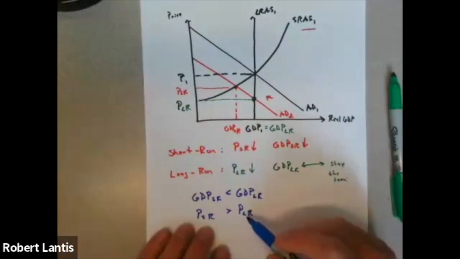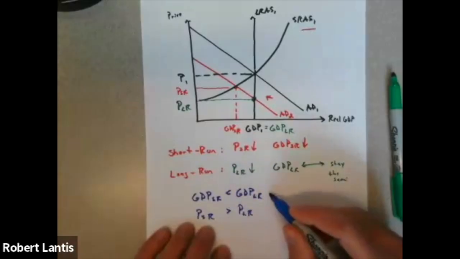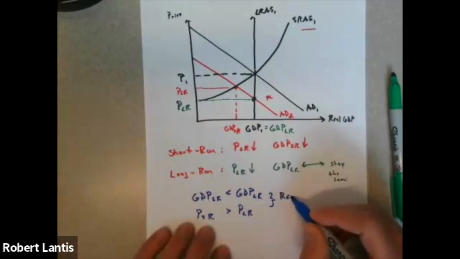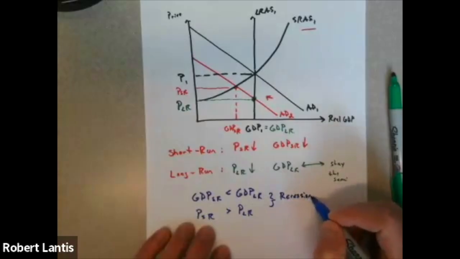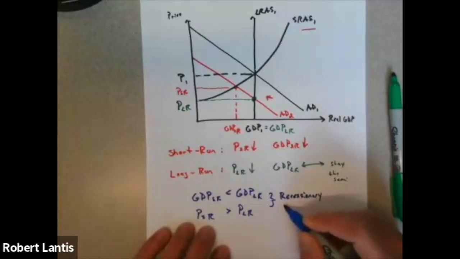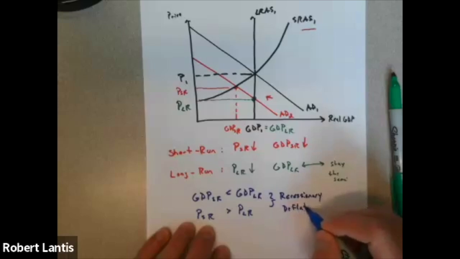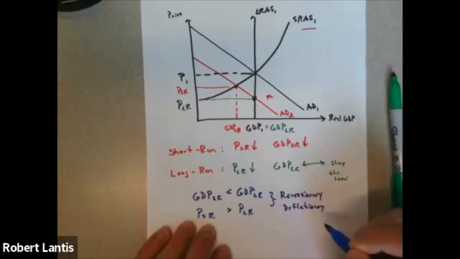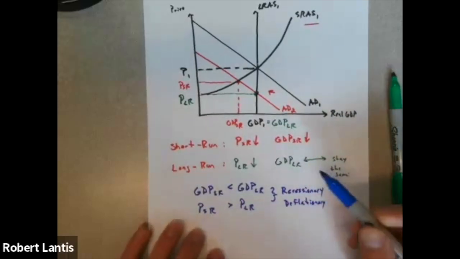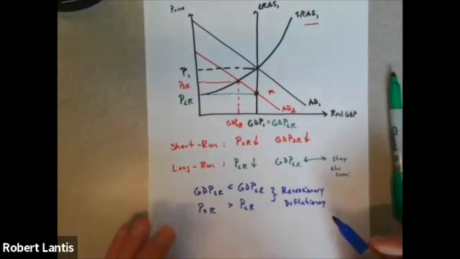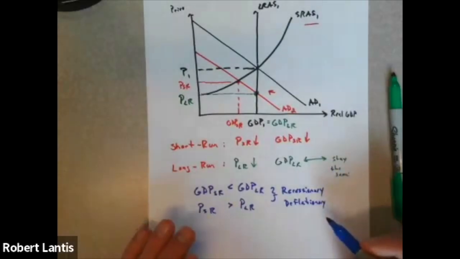So the fact that my prices are going to go down in the future, or that my current GDP is too low, we would call this a recessionary gap, or another term that's synonymous with this would be a deflationary gap. Okay. So we've got a recession or deflationary gap here.